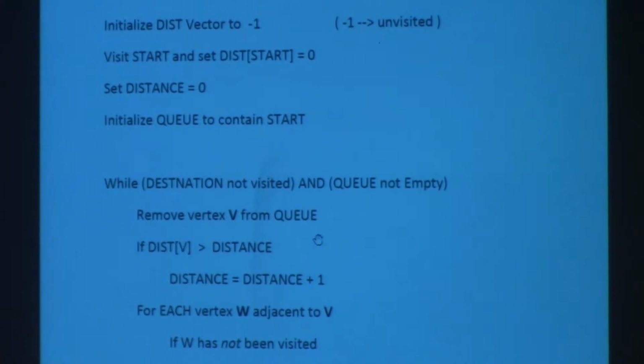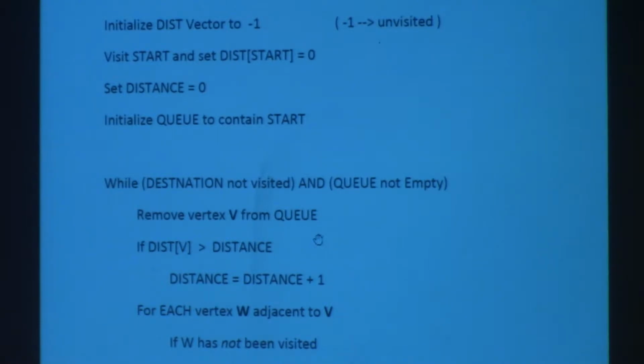So we'll set the predecessor of this one to here. Since I can go from V to W, because W is one of the places I can go from V, then I will say you can go to W from V. The predecessor of W is V. So V will be the predecessor of all of the neighbors W. If the vertex V can go to these three, then all of these three in the predecessor vector will have a V in it.